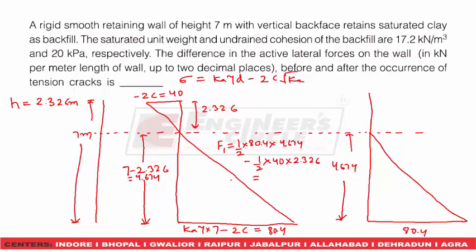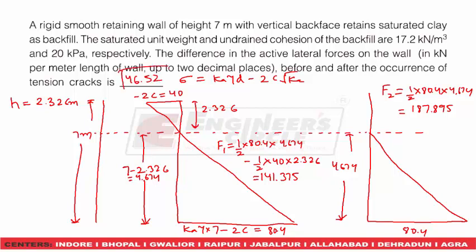So this is 141.375. For F2, the force will be equal to half of base 80.4 and height 4.674. So this is equal to 187.895. So the difference in the values will be 187.895 minus 141.375. So it comes out to be 46.52.